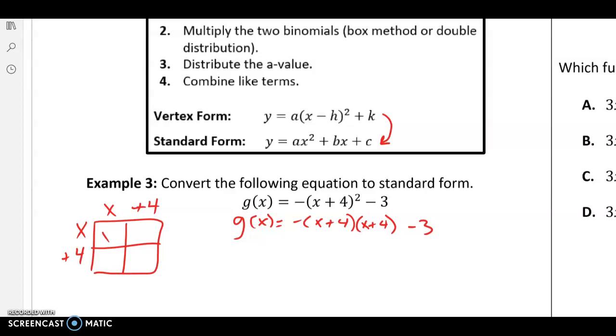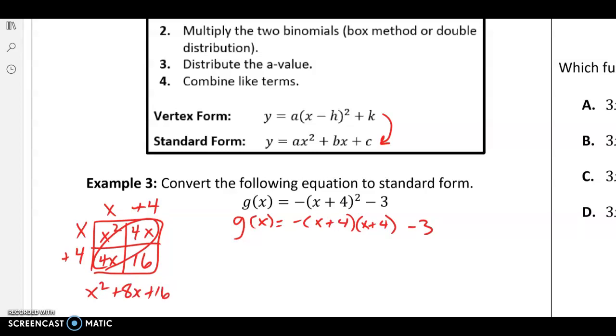Okay, so x times x is x squared. 4 times x is 4x. 4 times x is 4x, and 4 times 4 is 16. Okay, now if we were to combine all of that together, we would get x squared. Combine the 4x's together to get 8x plus 16.